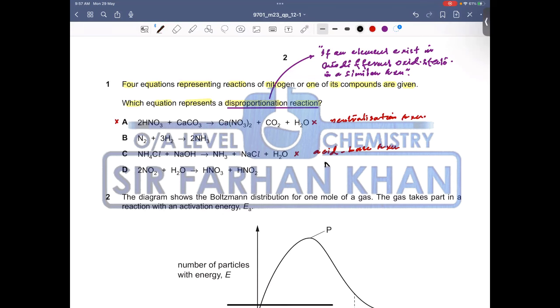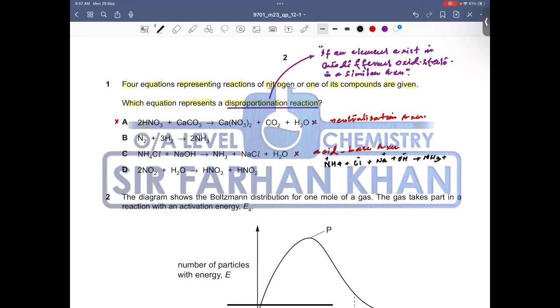Let's solve this equation first. Ammonium ions and chloride ions. So let's ionize ammonium chloride. So it converted into ammonium ions and chloride ions. Similarly, we need to ionize sodium hydroxide. It will turn to sodium ions and hydroxide ions. Ammonia won't ionize.